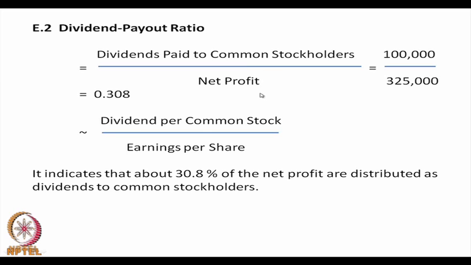If you divide by the number of shares, both in the numerator and in the denominator, in the denominator, net profit per number of shares becomes earnings per share, and in the numerator, it becomes dividends per common stock. In this case, it indicates that about 30.8% of the net profit is distributed as dividends to common stockholders.